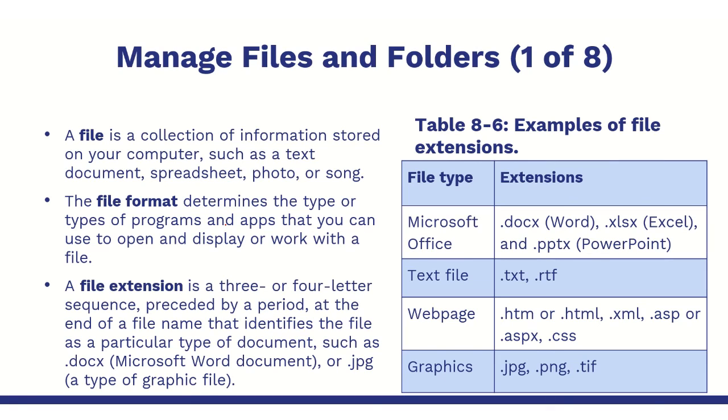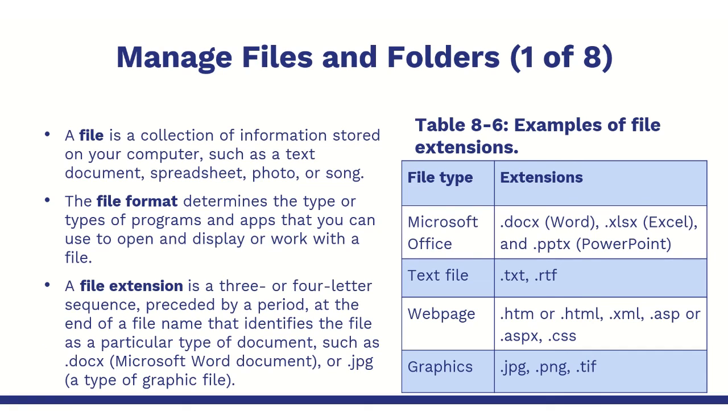A file extension is a 3 or 4 letter sequence preceded by a period, at the end of a file name that identifies the file as a particular type of document, such as docx is a Microsoft Word document, or JPG is a typical graphic file.